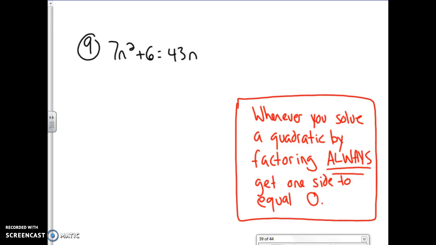So that's important to know. When I look at this problem, I need to get 0 on this side. So what I'm going to do is subtract 43n from both sides.